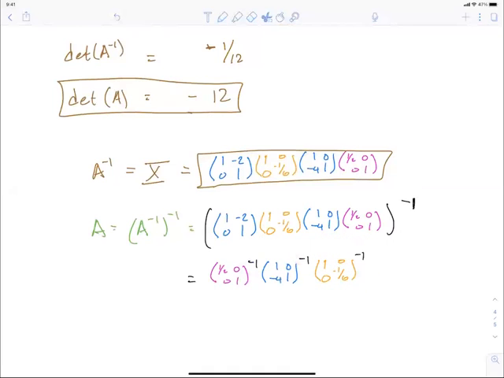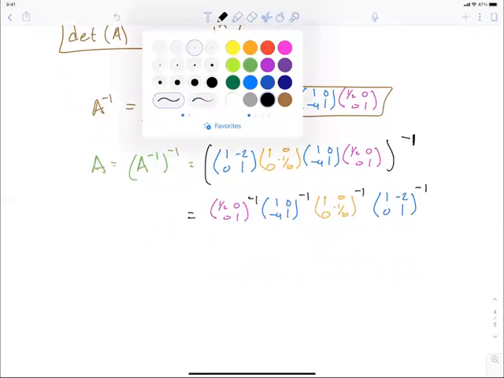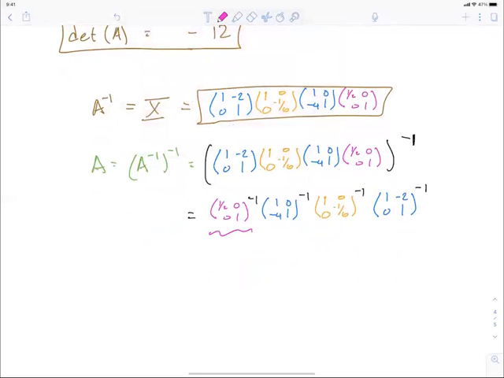And this is going to showcase another nice property of elementary matrices, is that they have very nice inverses. So for example, this first matrix right here, the inverse of scaling a row by 1/2 is simply scaling that same row back by a factor of 2.